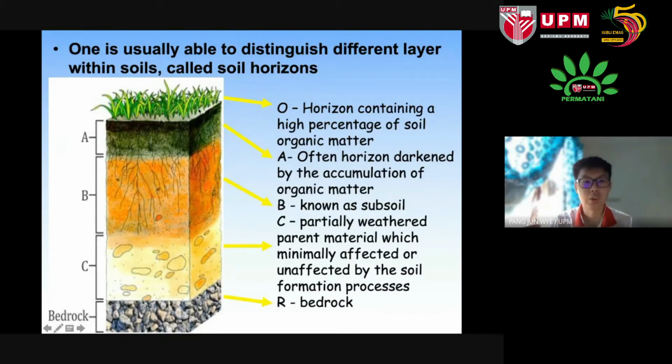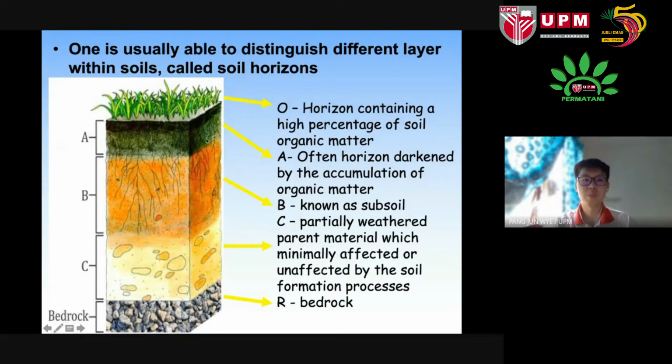So here is the O horizon. When it's raining, the water will drain to the A horizon. After several days, it will become dark like this, but it is much lighter than the O horizon.